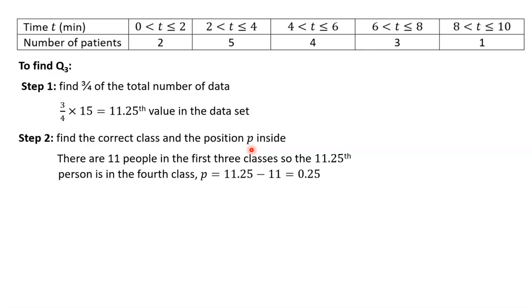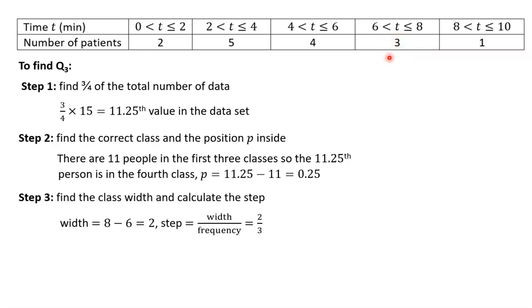So the 11th person will be in the 4th class, because in the first 3 classes there is 11 people. So if we do 11.25, take away 11, it's 0.25. So this person is in the 4th class.